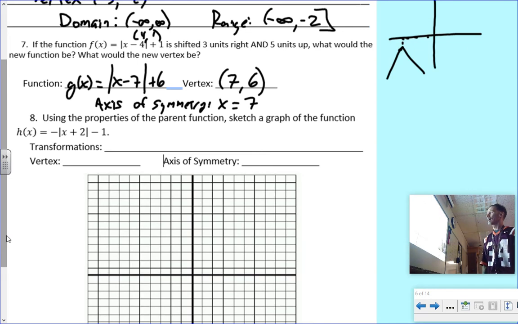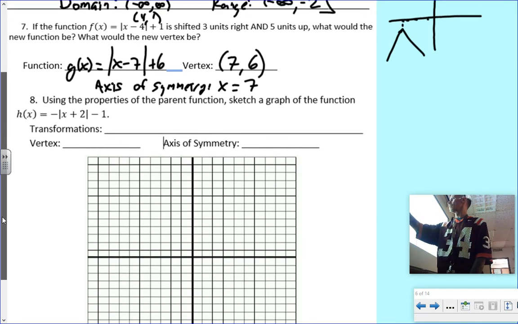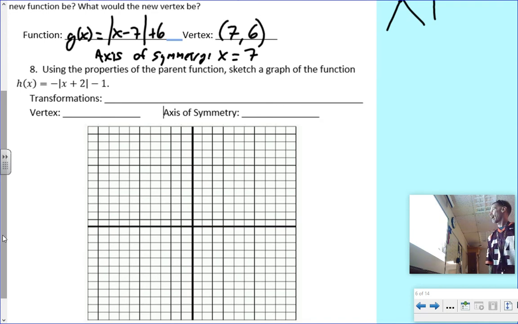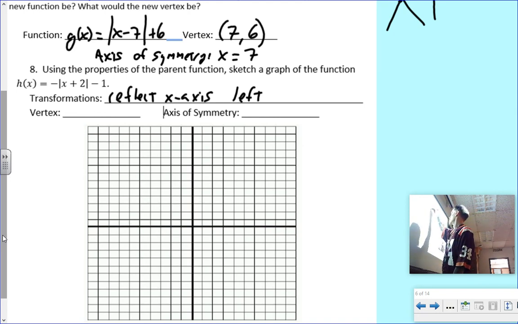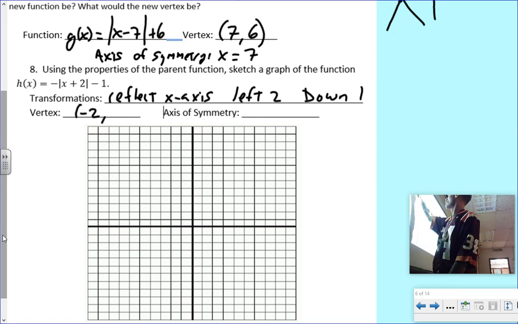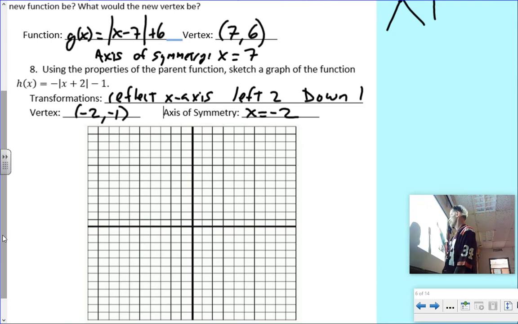Last one I'm going to do, and again, in the online world, it's a little harder to ask you guys to graph them by hand, but I think it's a good exercise to do at least once in a while. So again, here's a new function. Look at the transformations. So it's a reflection. We're going left 2 and down 1. That means my vertex is at -2, -1, and my axis of symmetry is at x equals -2.